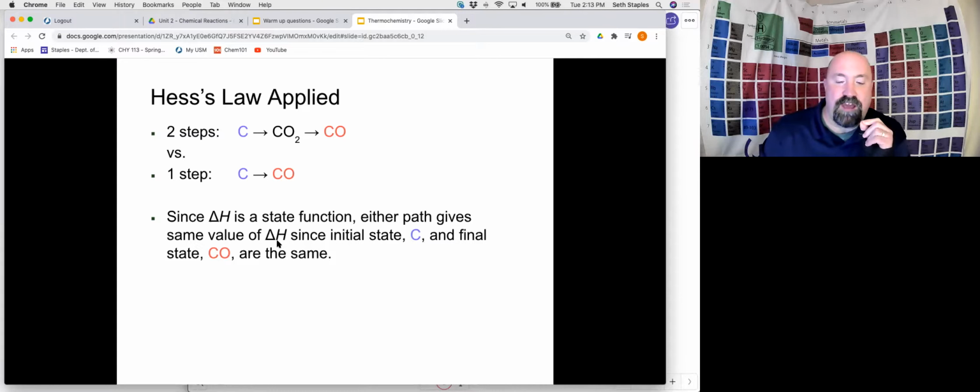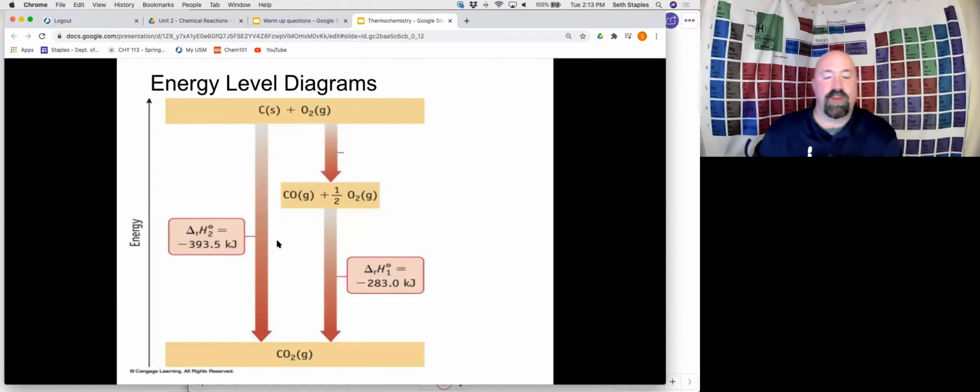Let's look at an energy diagram that shows the same thing. This is an energy diagram for the 2 reactions that we actually have. We have information for carbon plus oxygen making carbon dioxide, and that releases 393.5 kilojoules.